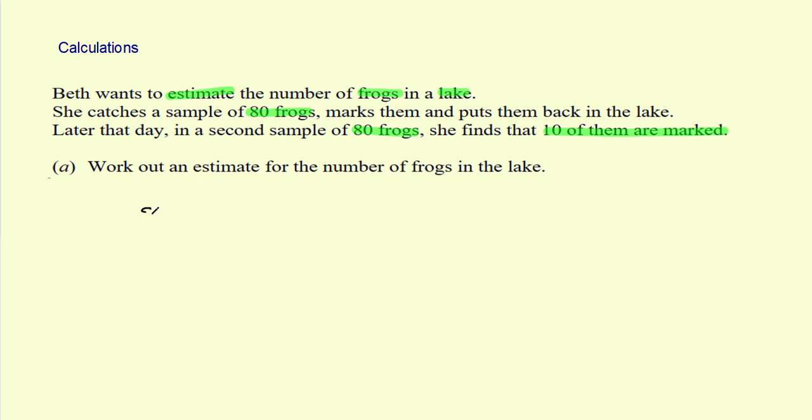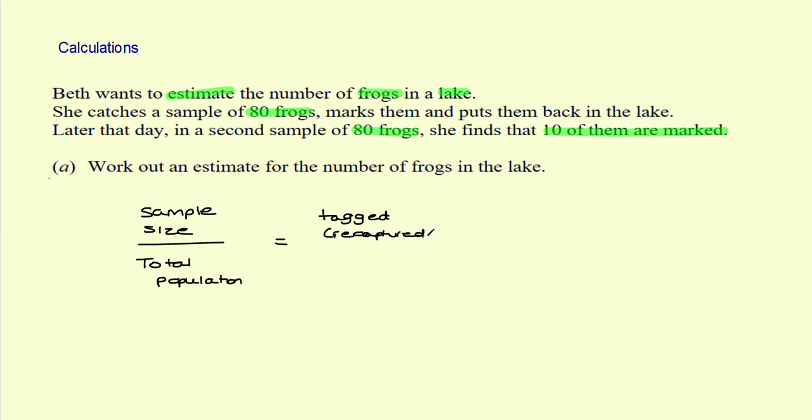It's your initial sample size collected, divided by your total population, which is often given the letter N, is equal to your tagged in your recaptured sample, over your second sample recaptured. Let's call that the second sample.